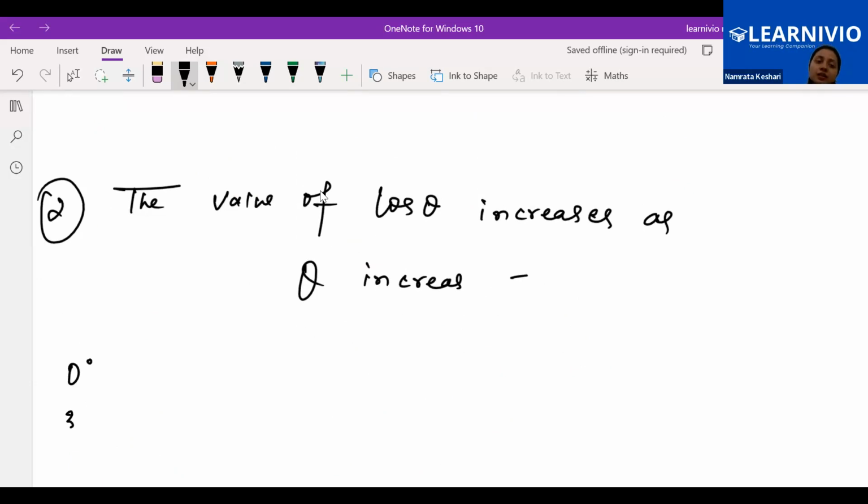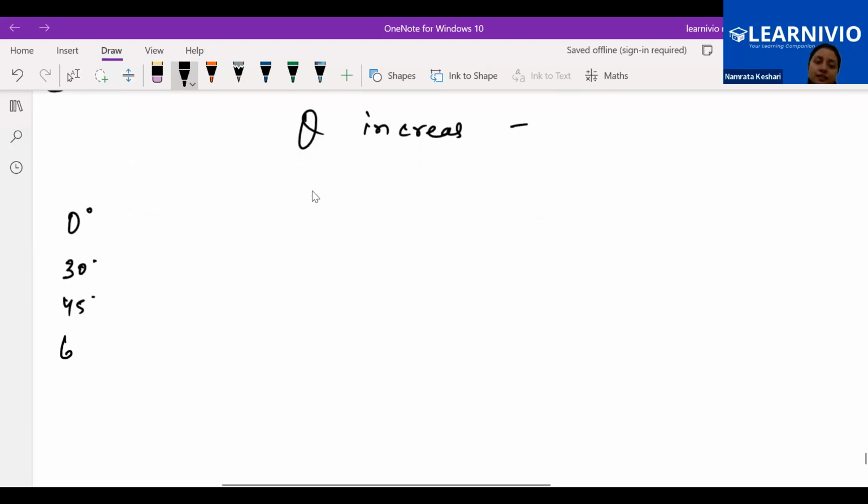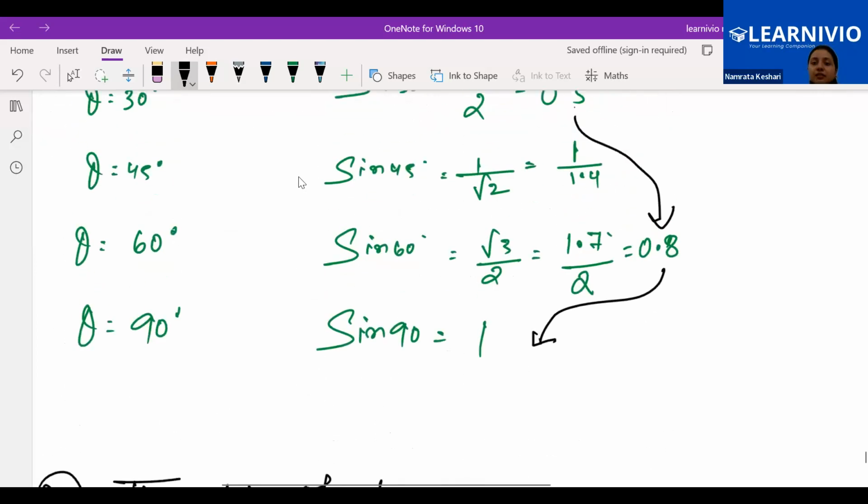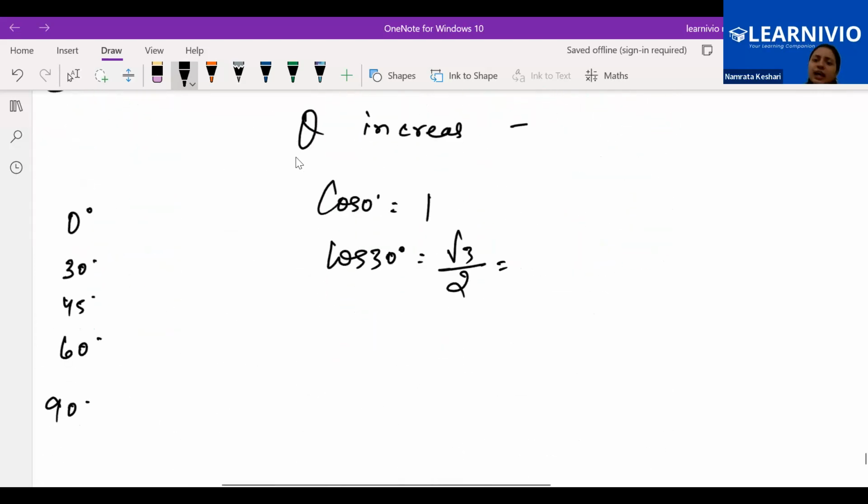0, 30, 45, 60, and 90. Okay, cos 0. Who will say cos 0? Is it 1? Yeah, it's 1. Cos 30, root 3 by 2. We can use the previous data, 0.8 something like that.